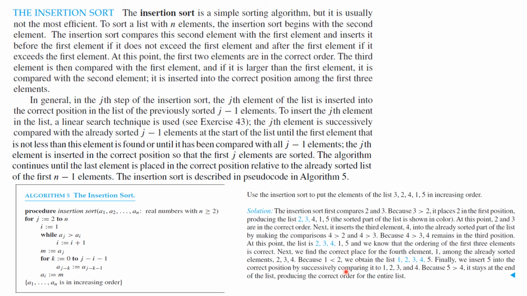Now we move to the 1. Next we find the correct place for the 1 among the already sorted elements. Because 1 is less than 2, and so on and so forth, we obtain this list, and eventually we insert the 5 at the correct position at the end. So again, an insertion sort is a different kind of sorting algorithm, and notice it at its heart includes a linear search technique as well.